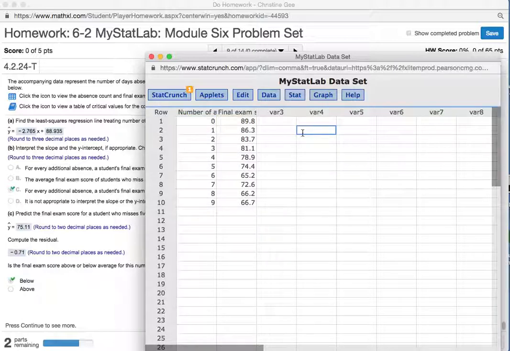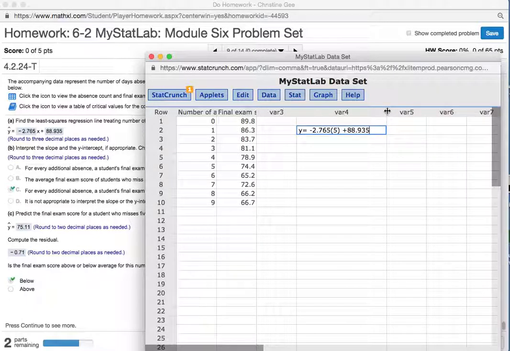So y hat equals negative 2.765 times 5 for the number of absences, plus 88.935. Okay, let me make this bigger so we can see what I'm doing. All I did was input 5 for the number of absences in the equation.